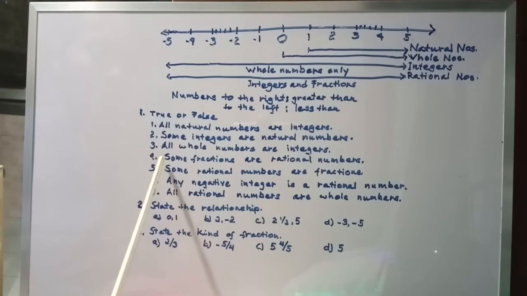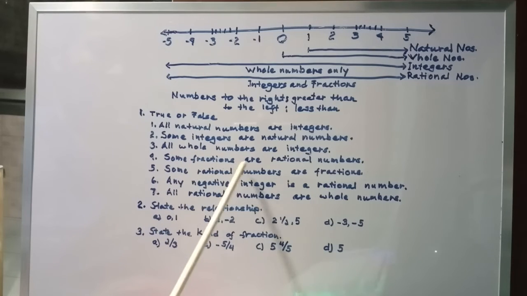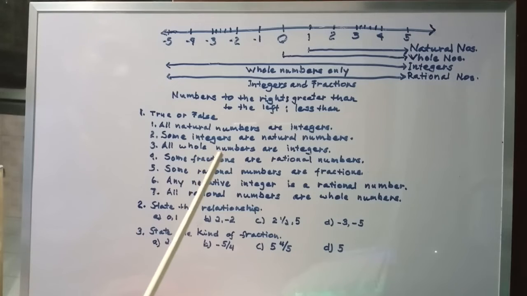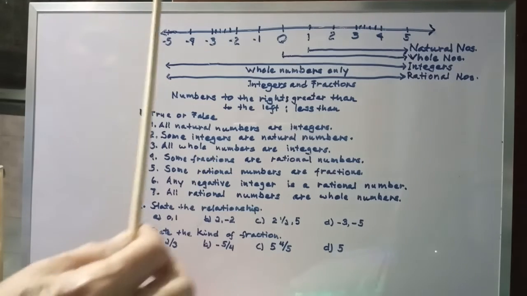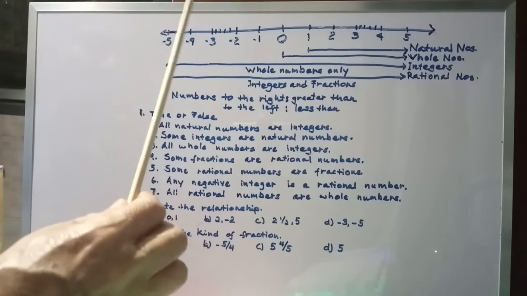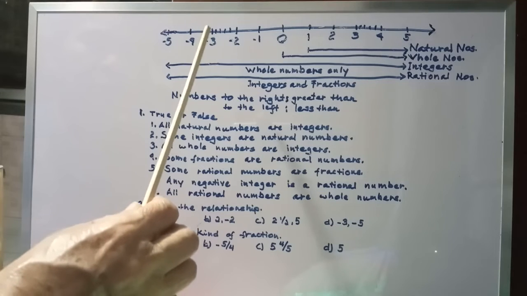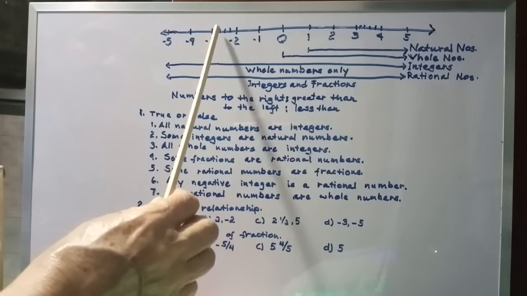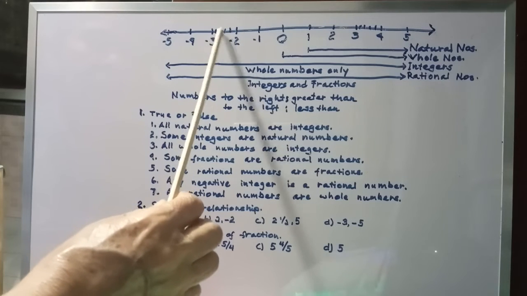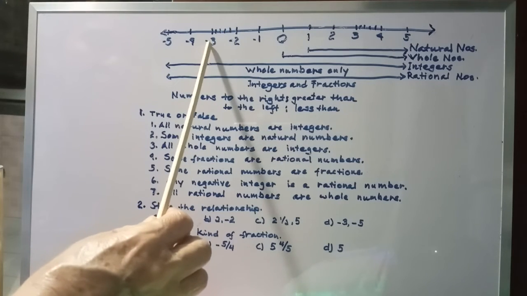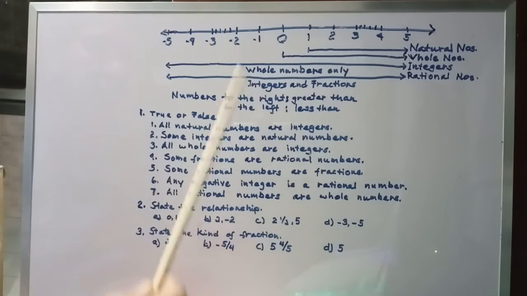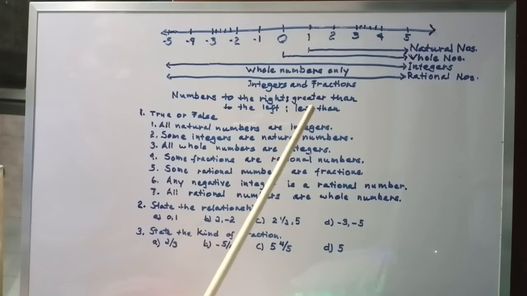Number 4, some fractions are rational numbers. Where are the fractions? Any number or any point between two numbers like this one here. So any number between -3 and -2, they are called fractions.